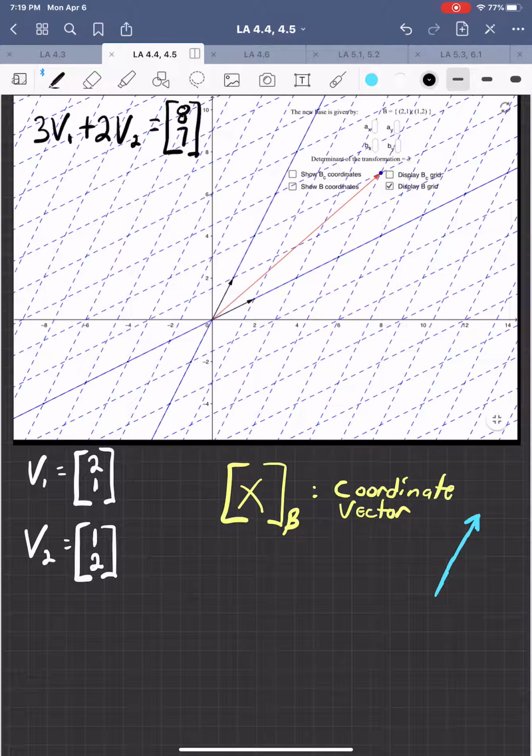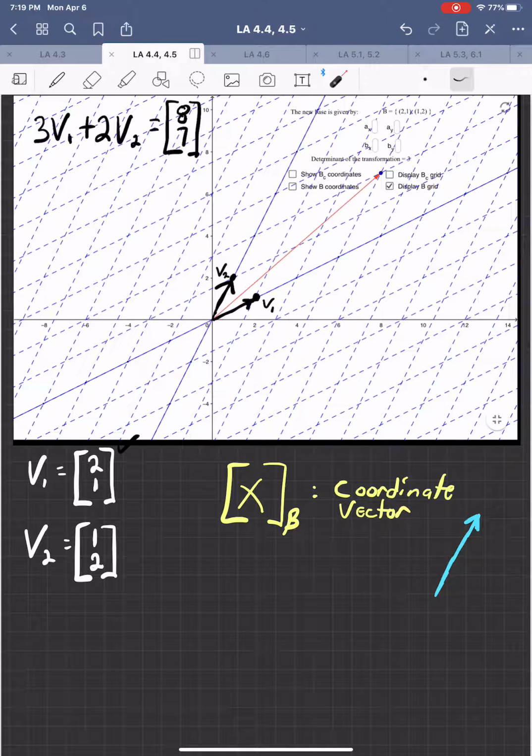So first, let me go ahead and plot v sub 1 and v sub 2. They're already plotted, but let me label them. So this would be v sub 1, and this would be v sub 2. Okay, let's see if we can understand.